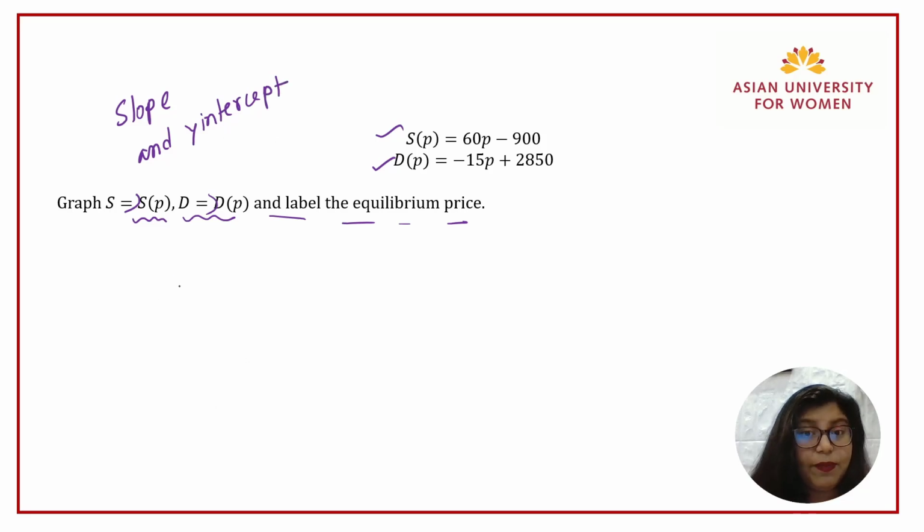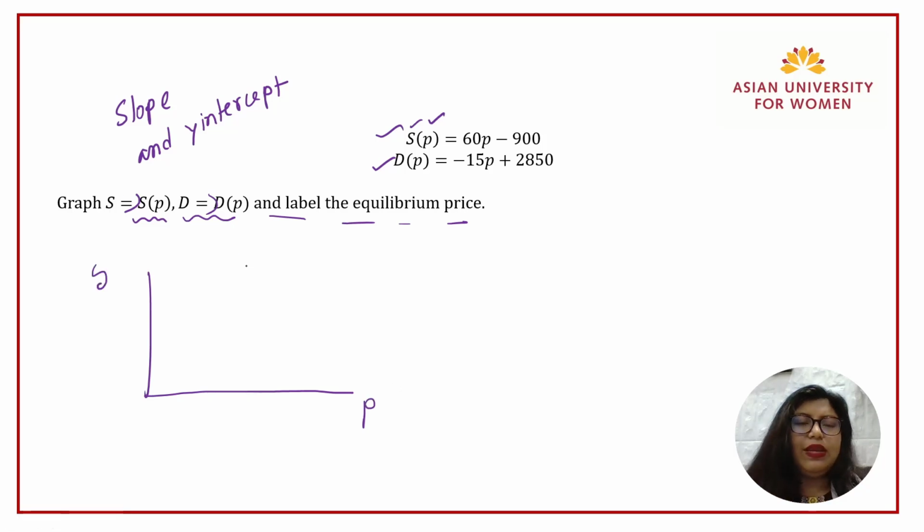Let's apply that to the supply function. Here, P is the independent variable and S is the dependent variable. So P is the independent variable, so we will keep it on the x-axis, and S is the dependent variable, so we will keep it on the y-axis. Now, minus 900.